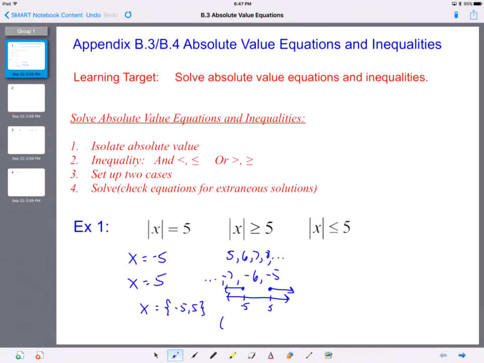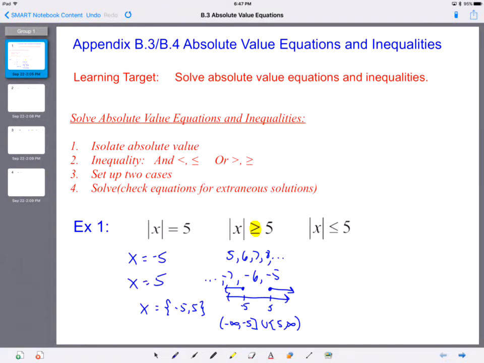So this solution would include all values that are less than or equal to negative 5, and all values, let me use the right notation, the bracket, and then all values that are greater than or equal to 5. Okay, so think about that when you have that inequality sign greater than a number. With absolute value, because it's a distance, you can have it from both sides.